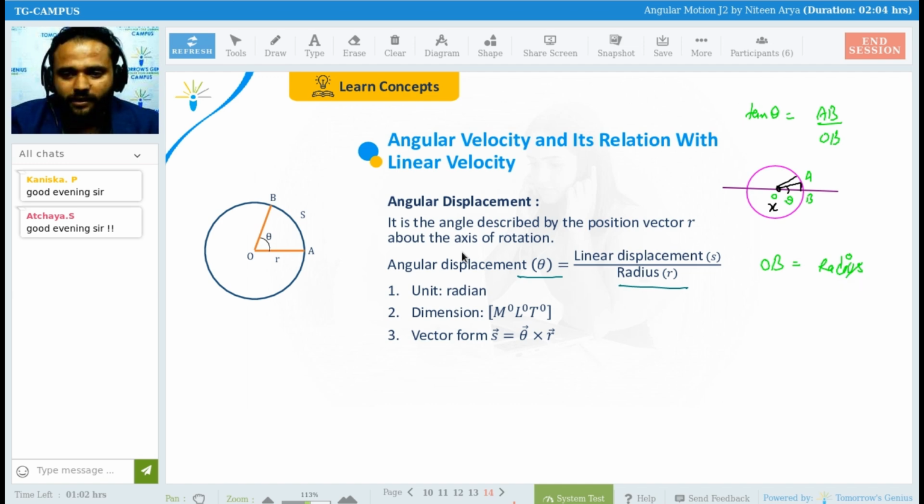And AB is the perpendicular. From this you can find AB is the perpendicular, or you can say the arc length or linear displacement, S. Clear?